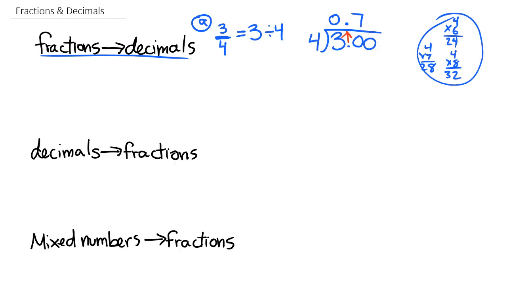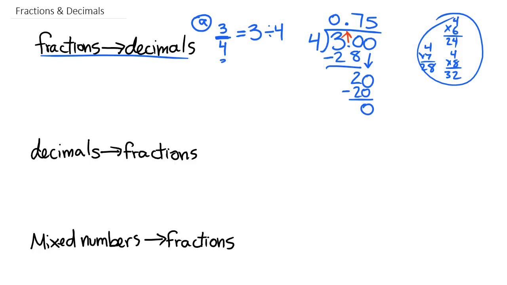So now I have 7 times 4, which is 28, and I subtract, and so I have 2 left, and I drop down the 0. How many times does 4 go into 20? It has to be less than 7, because that was 28. 4 times 6 is 24, and 4 times 5 is 20. When we subtract those, we get 0.